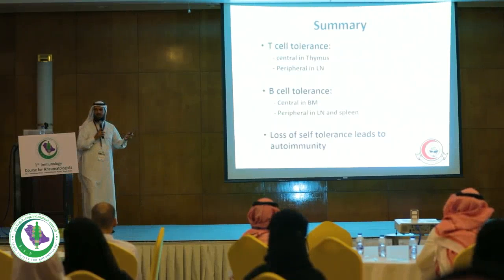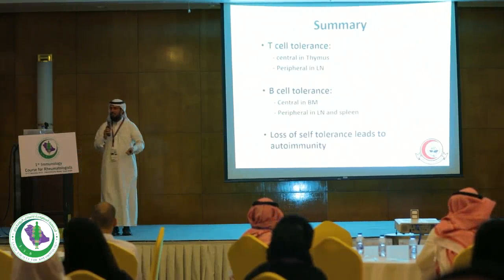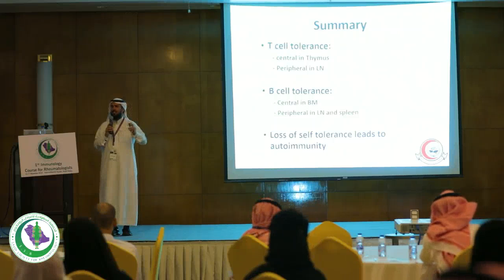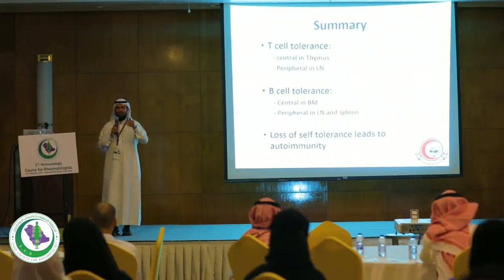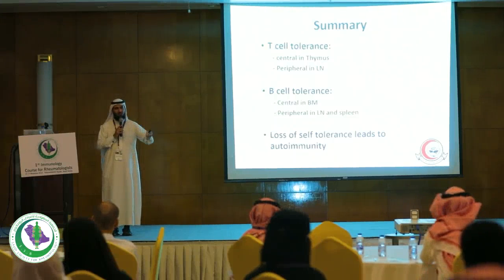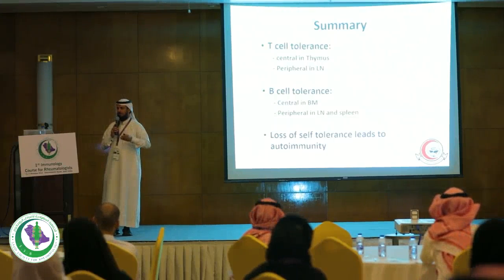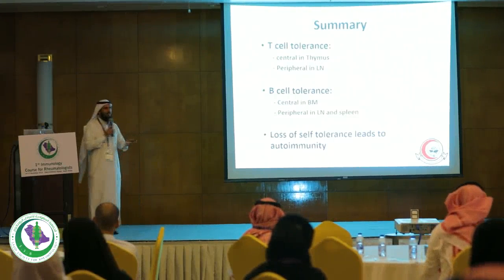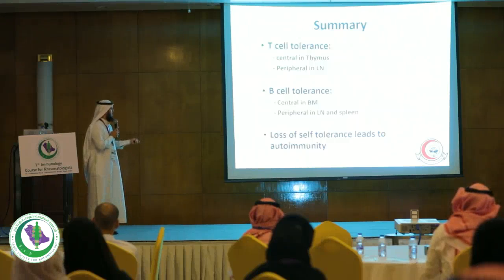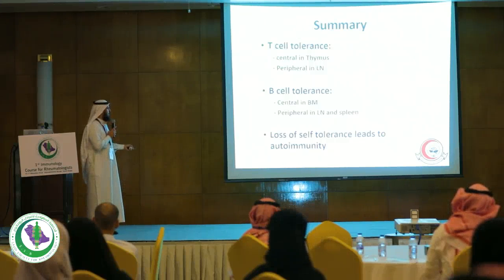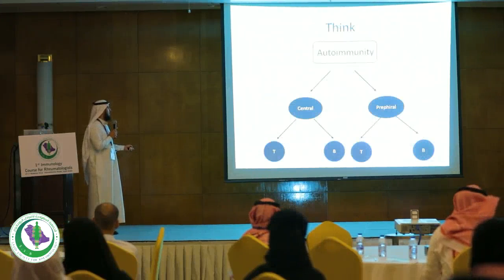And then B cell tolerance. B cell central tolerance occurs in the bone marrow. If you have bone marrow suppression, sometimes you will have autoimmunity, because you are suppressing the central tolerance in the bone marrow. So loss of self-tolerance leads to autoimmunity.